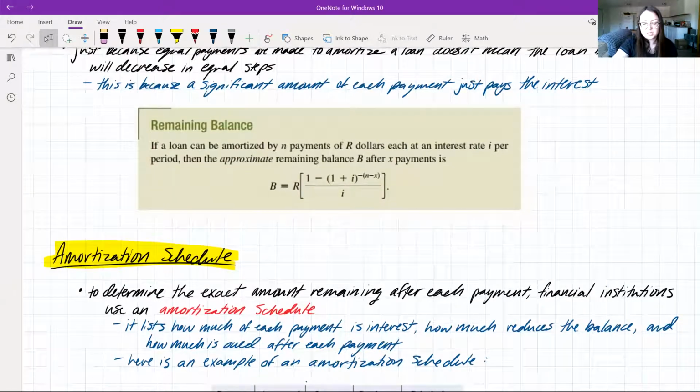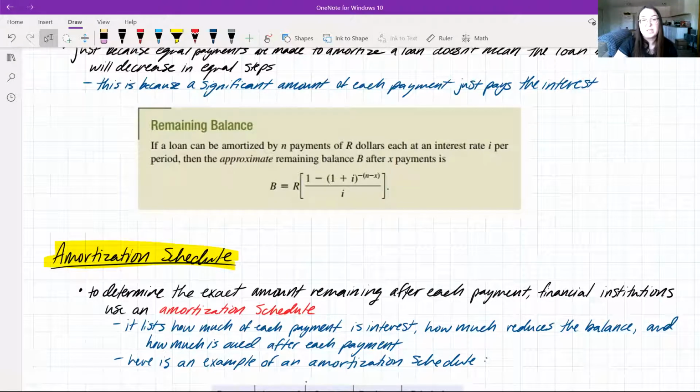So now we have an equation here to calculate our remaining balance. So if a loan can be amortized by n payments of R dollars, each at an interest rate of I per period, then the approximate remaining balance B after X payments is B is equal to R times 1 minus 1 plus I to the negative power of n minus X divided by I. So we're looking at basically the same present value.